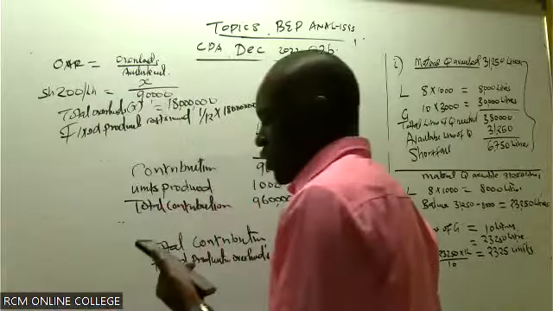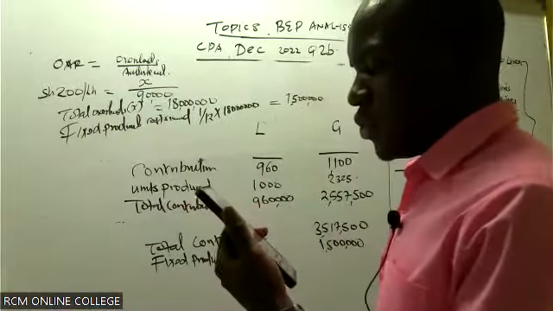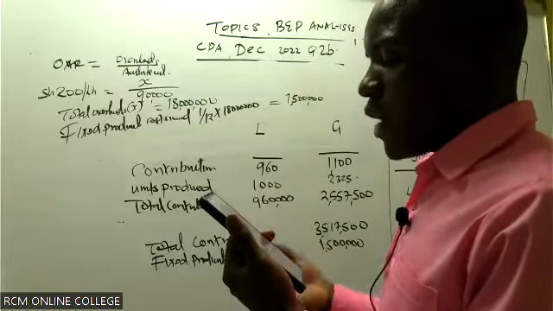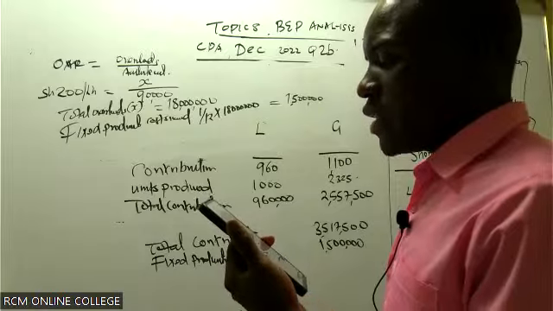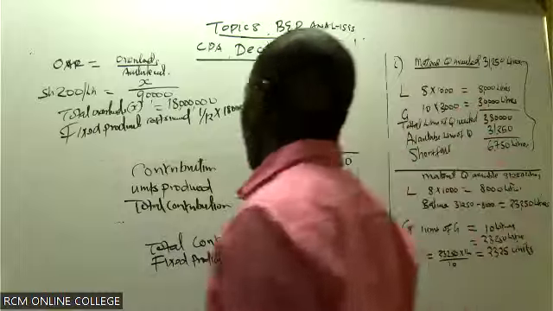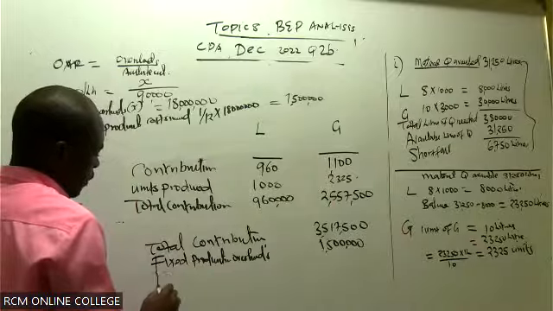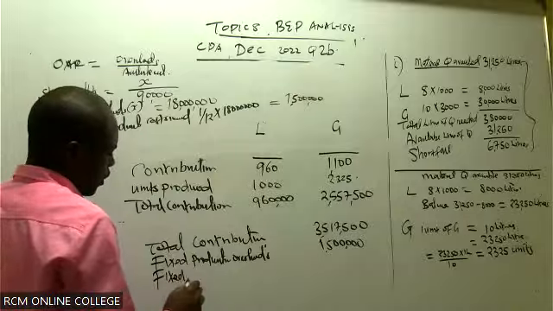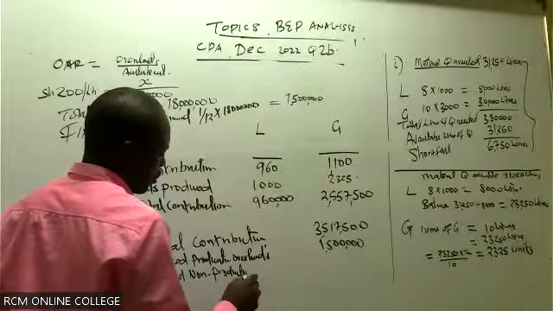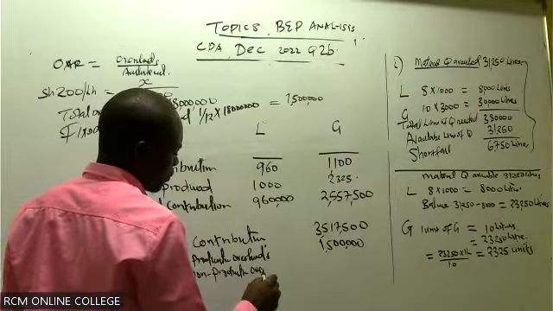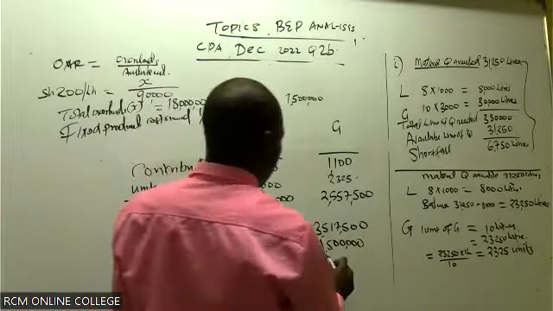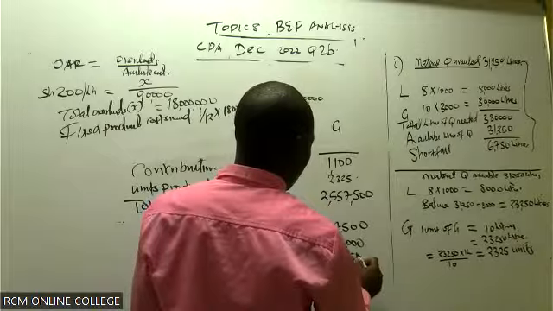Then additional information number 2. In addition to the above costs, non-production overhead costs are expected to be 577,500. So less fixed non-production overheads or costs, equivalent to 577,500.